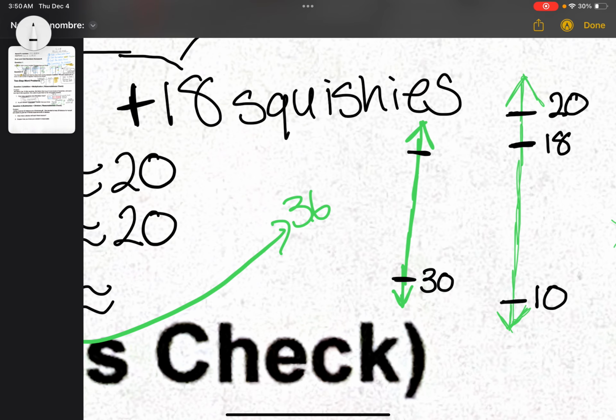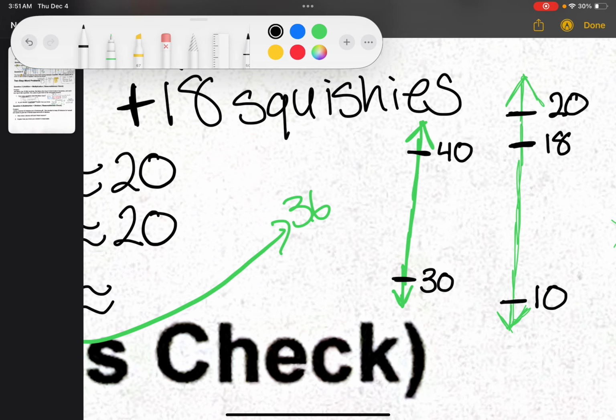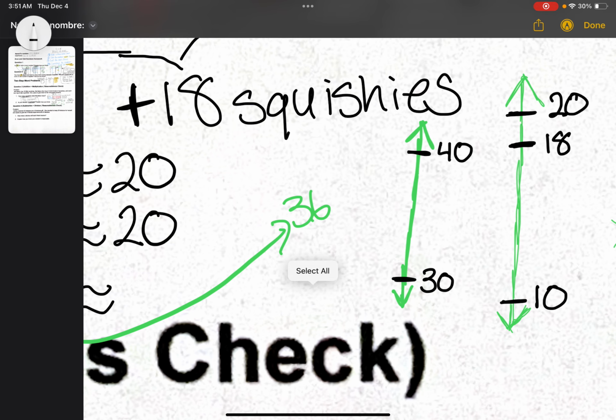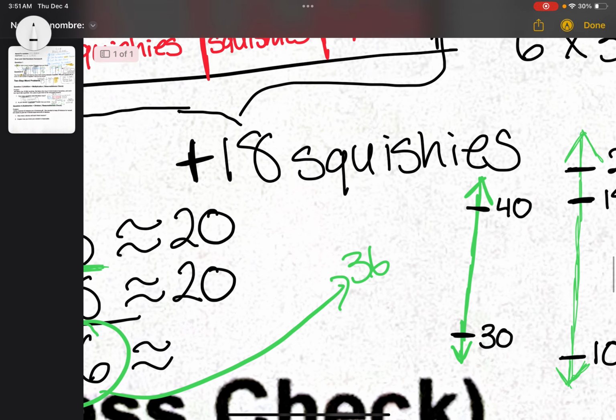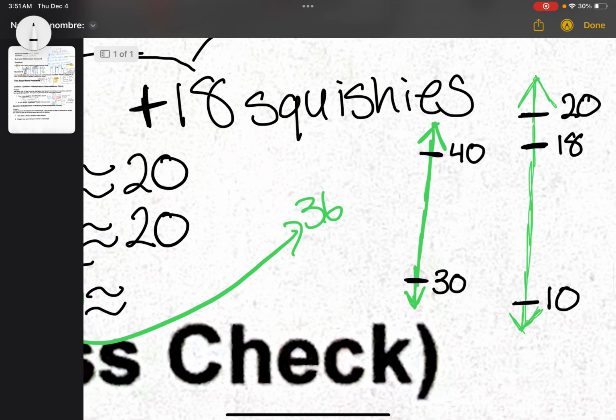And our highest tens is 40. Now, is 36 closer to 30 or 40? Well, I know 30 is a little too high. I say 35 is more in the middle. So let's put 36 right here.